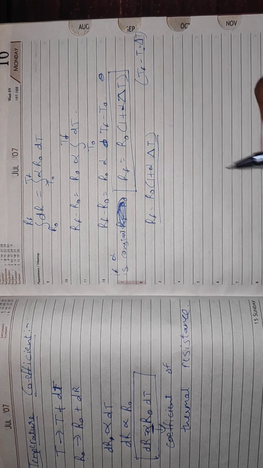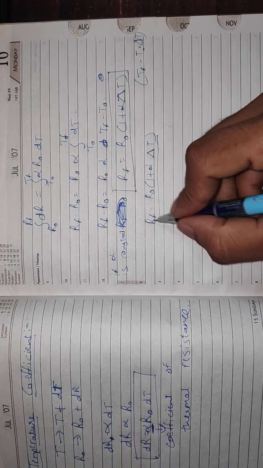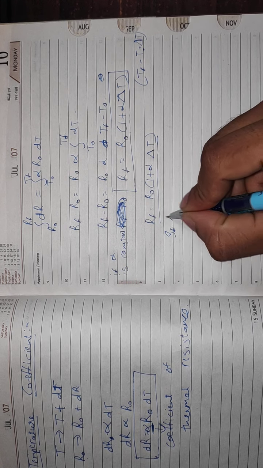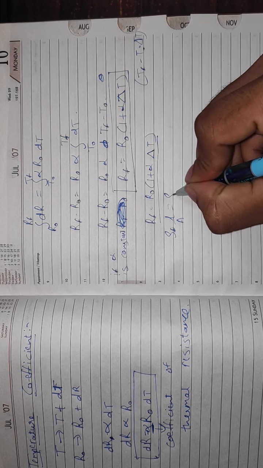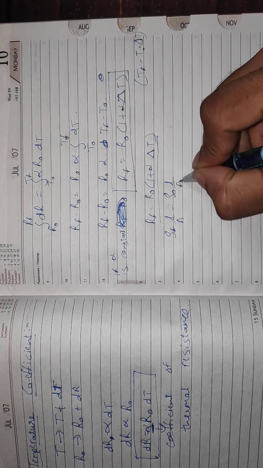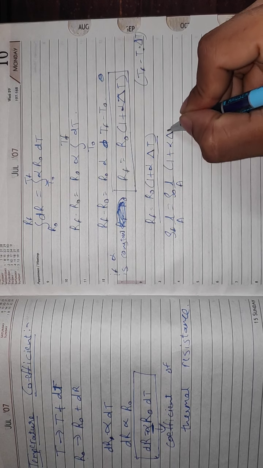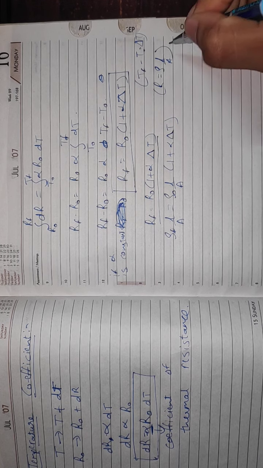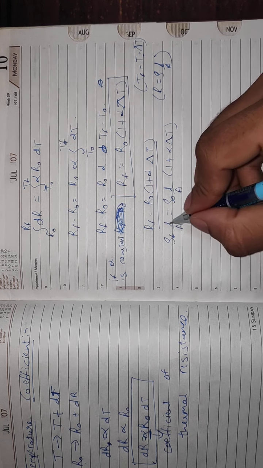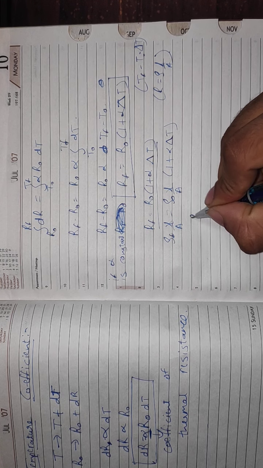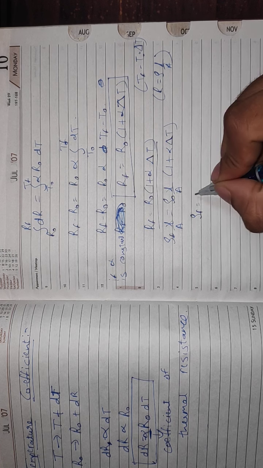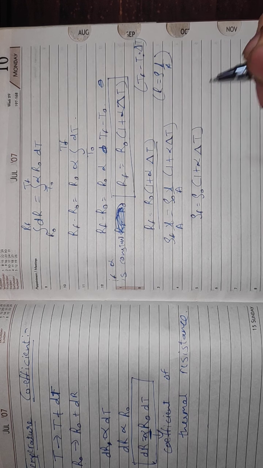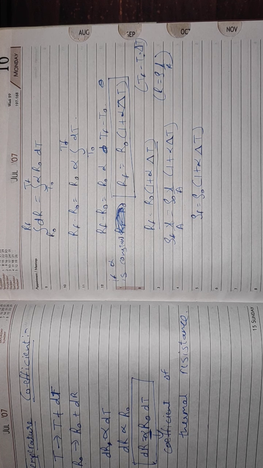Now, if you want to find the resistivity, we know R is rho L by A. Similarly, final resistivity rho f L by A equals rho 0 L by A times 1 plus alpha delta T. Since R is equal to rho L by A, this can be cancelled out. So it is the same for resistivity also: final resistivity is equal to initial resistivity times 1 plus alpha delta T. I hope this much is clear to you.